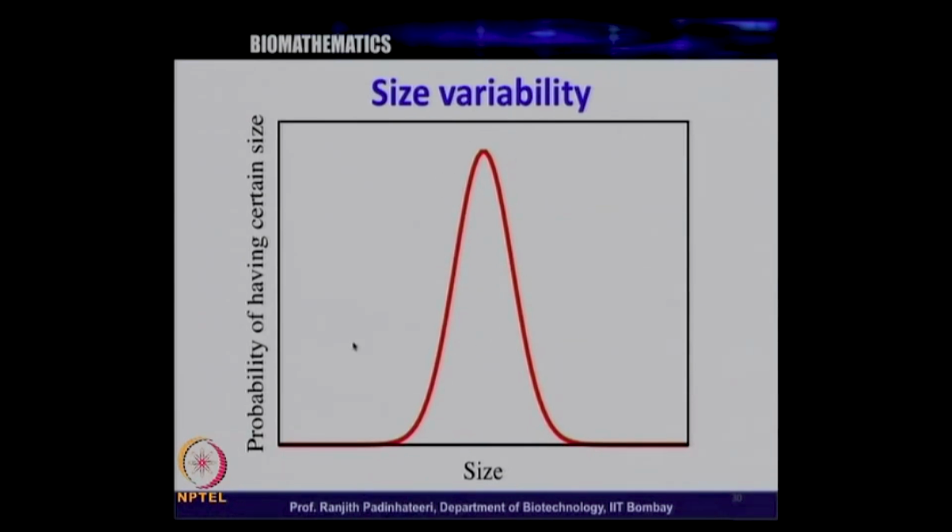The idea of variability of size is embedded in this graph. By understanding the mathematics behind this graph, one can get a lot of information, and understand what we mean by variability and what we mean by average.